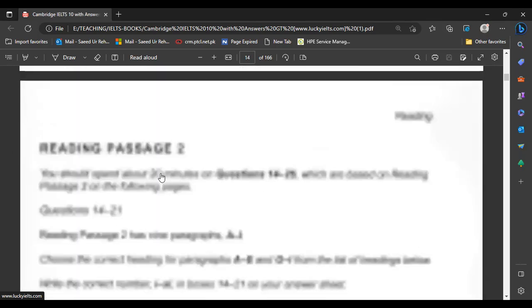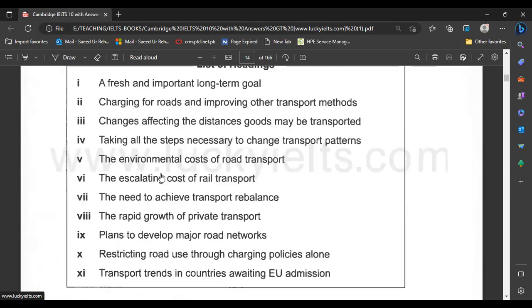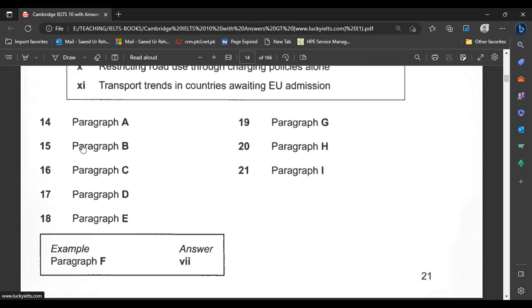Sometimes I have observed the students write even the heading. Okay, no need. You will just write these Roman numbers in front of these mentioned paragraphs A, B, C, D. Okay, and always keep in mind that the paragraph F is already solved, so don't search for it. Okay, already solved means that this is for you as an example.